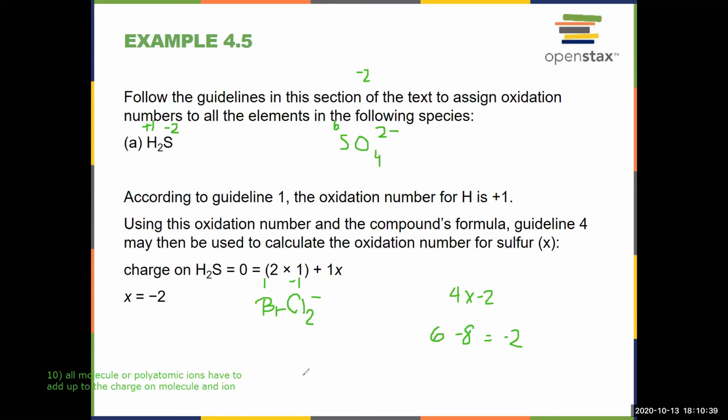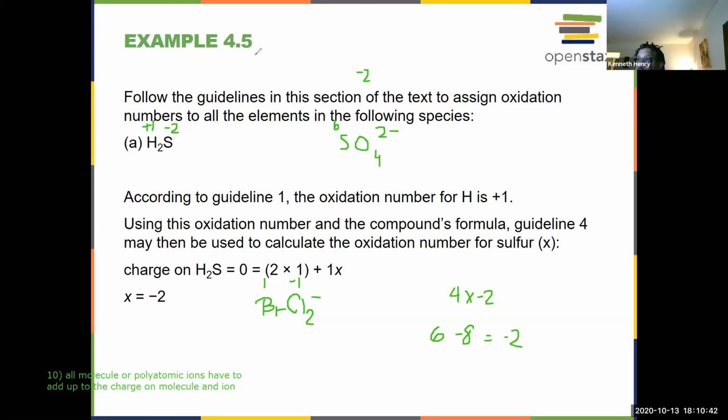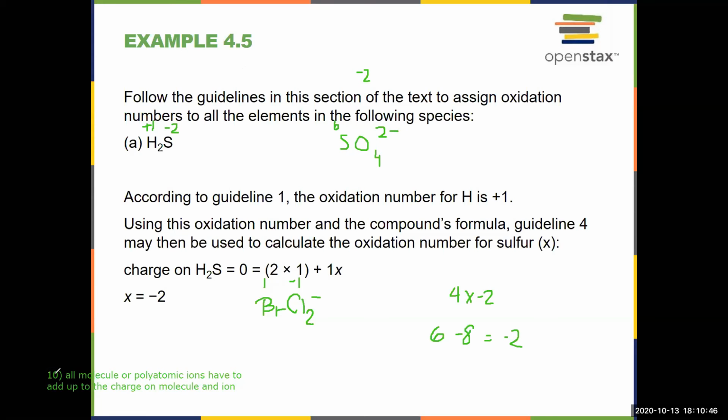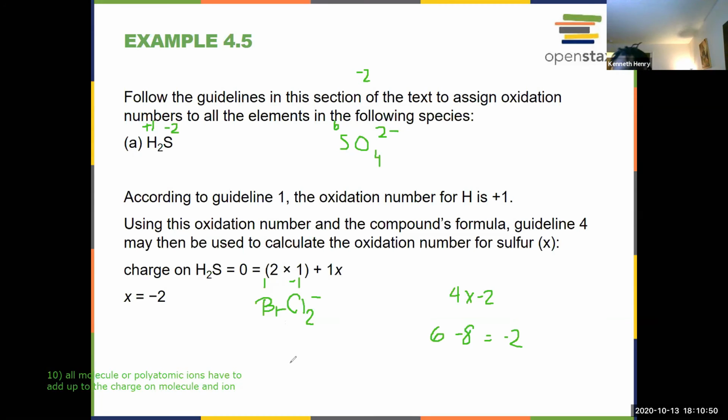Yeah. Okay, and so that was the 9th rule, right? Is it going to be -1 too? Nope, because Br is lower on the totem pole, right? So chlorine will get its -1, and if chlorine is -1, and this charge is -1, so each one of those, we have 2 times -1.